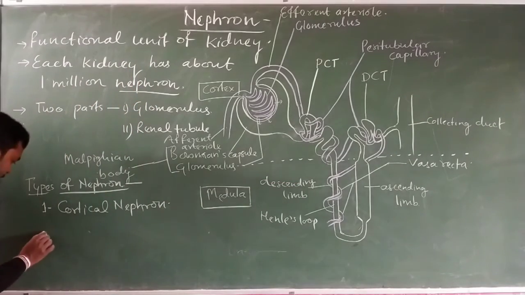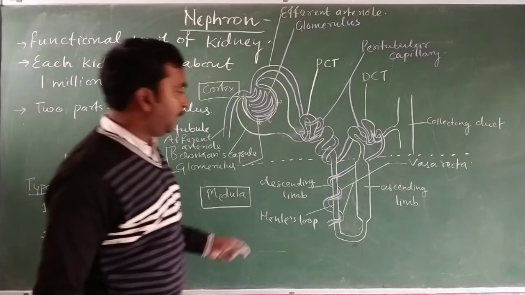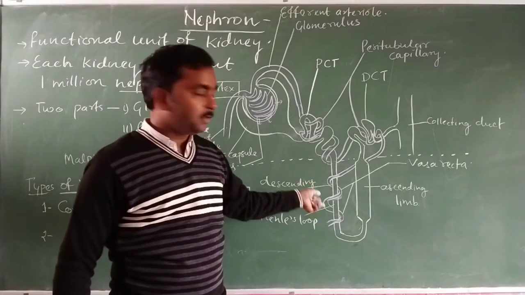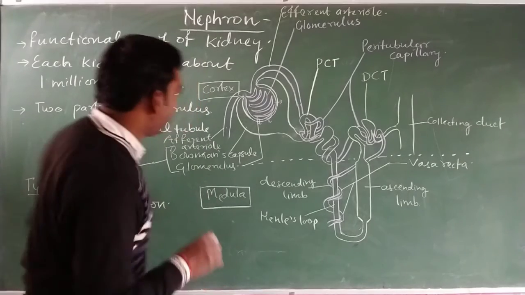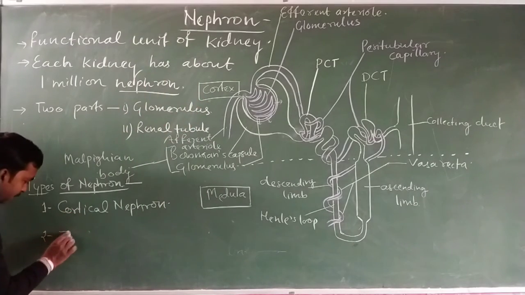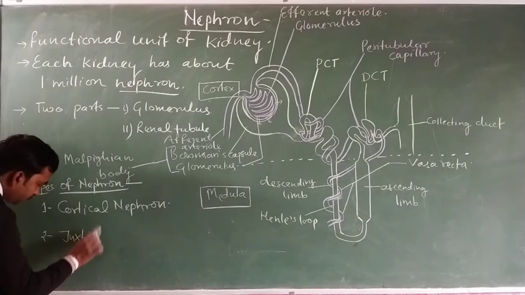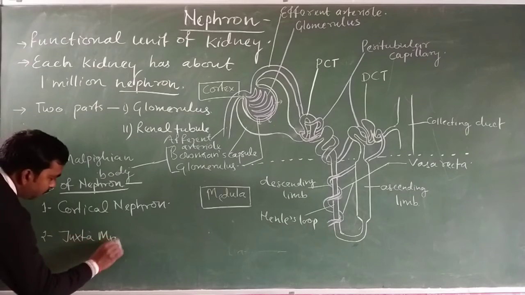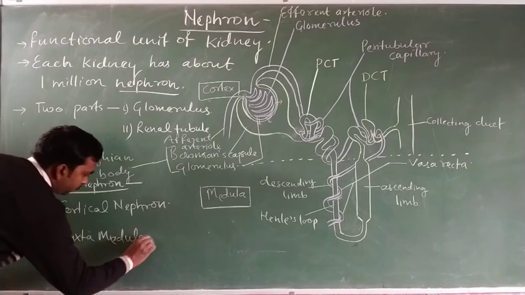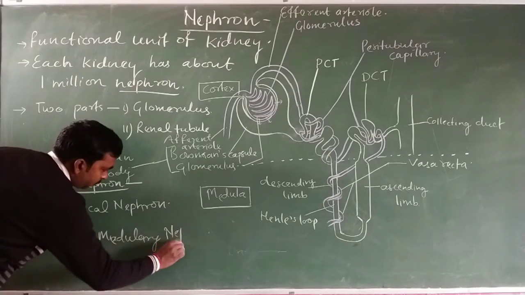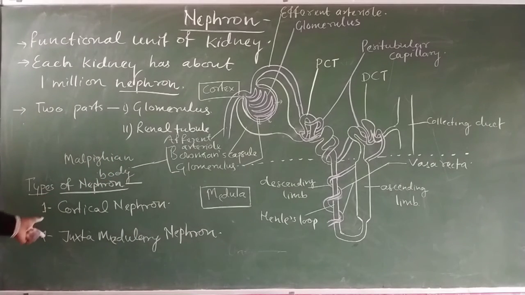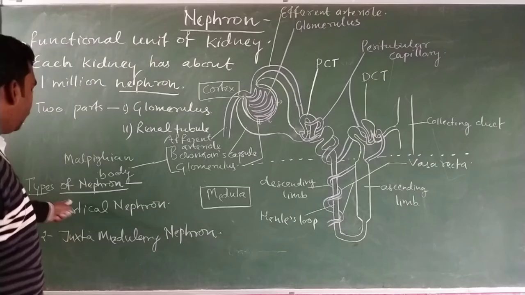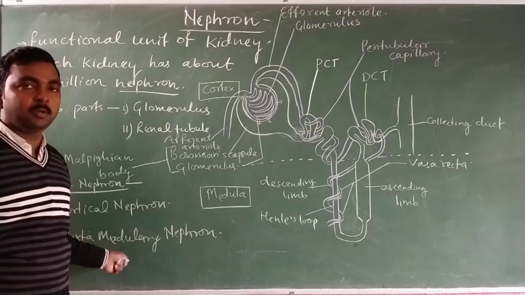The second type of nephron is one in which the loop of Henle is longer and extends into the medulla region, and that kind of nephron is known as juxtamedullary nephron. So in this way, nephron can be divided into two types: cortical nephron and juxtamedullary nephron.